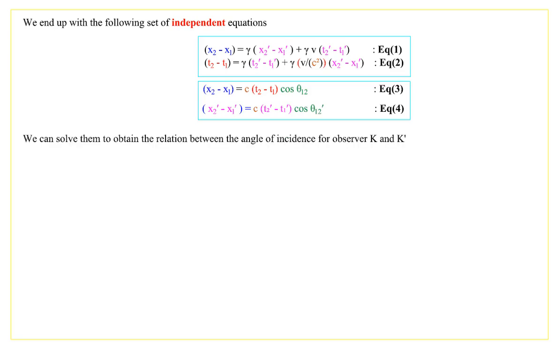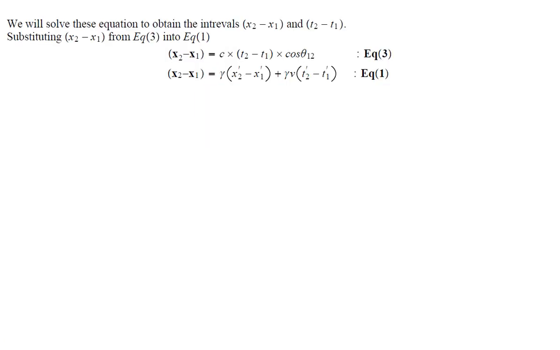We can solve them to obtain the relation between the angle of incidence for observer K and K'. We will solve these equations to obtain the intervals x2 minus x1 and t2 minus t1. Substituting x2 minus x1 from equation 3 into equation 1, we obtain the following.